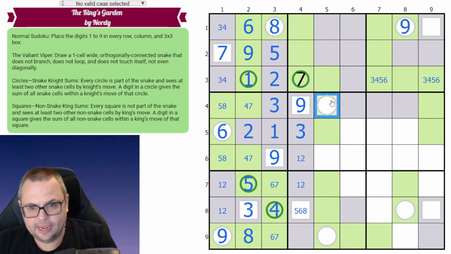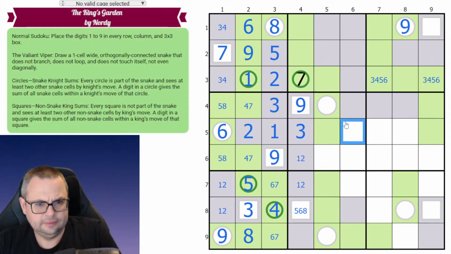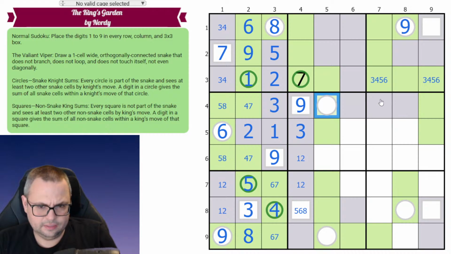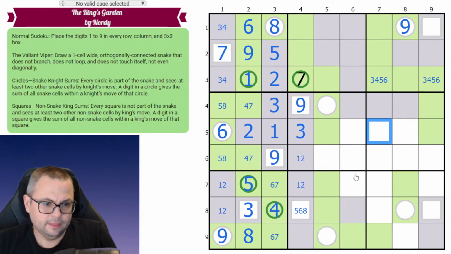Maybe that's not actually that interesting. I do know one of these two is a 9. I'm being told it is interesting. Oh, isn't this the only other cell that can be green? Oh, no, sorry. This can be green. I decided this before. This can be green.